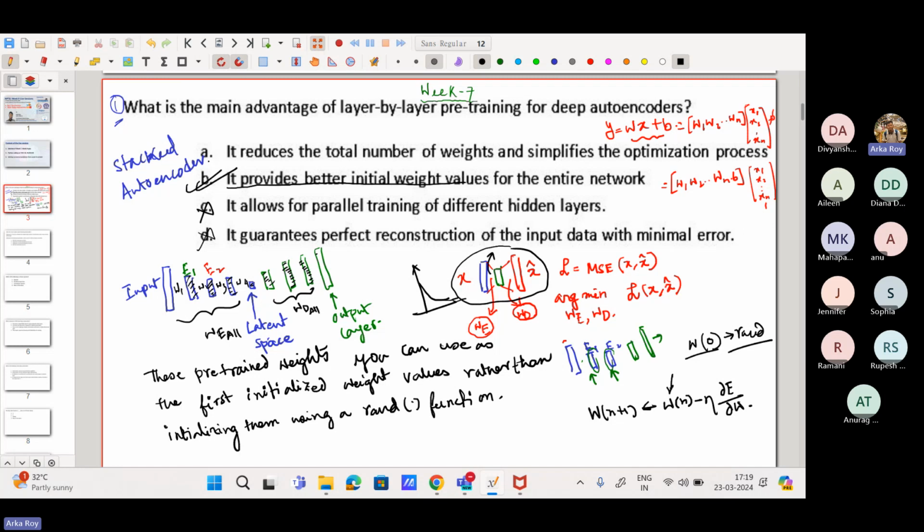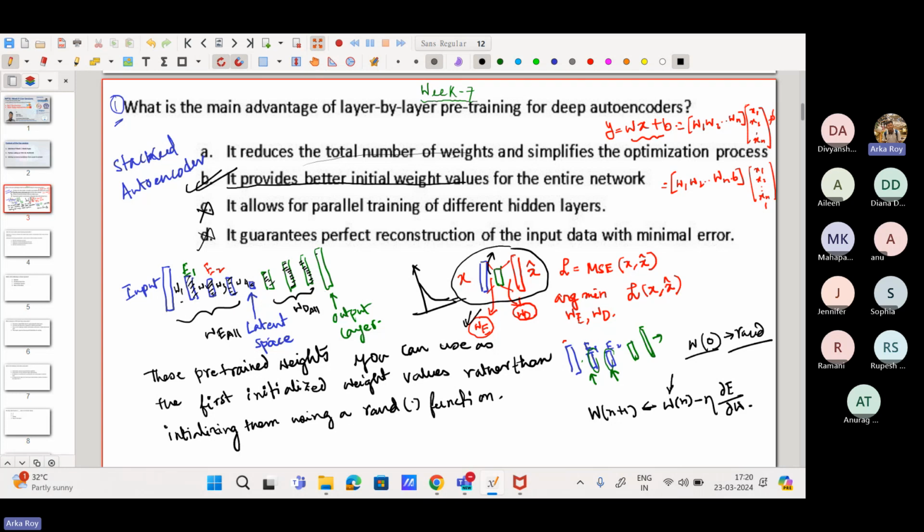Then option A is, it reduces the total number of weights and simplifies the optimization process. It might simplify the optimization process because you have the weight values pre-trained, but it cannot reduce the total number of weights. You use the same number of weights when you are pre-training the model and when you are again retuning or fine-tuning this whole model.